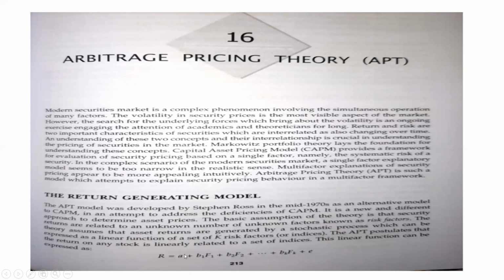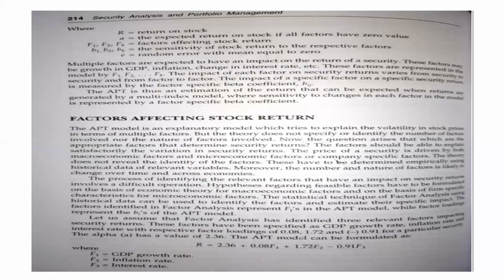That is the A value that is given here. Then they have given B1, which measures the sensitivity of the return to factor 1. B2 measures the sensitivity to factor 2, and thereby we can add as many factors as we want. E is the residual error, which we will take as 0, as we did in CAPM.